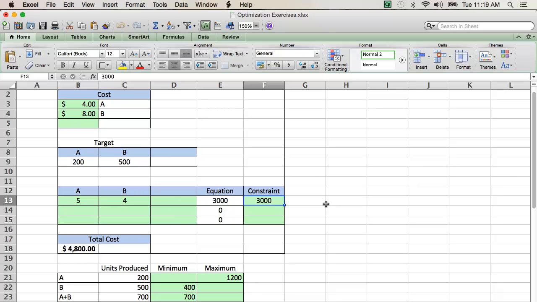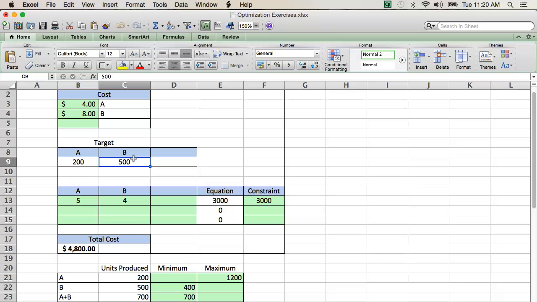The minimum cost is $4,800, and we would achieve that objective function by producing 200 units of material A and 500 units of material B. And you can see that we have stayed within our constraints in order to achieve that total cost of $4,800.